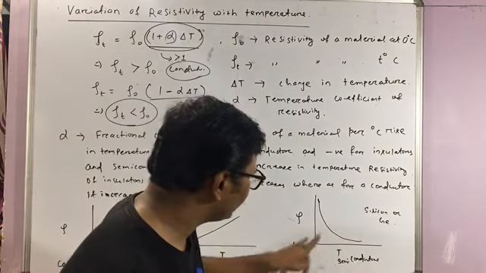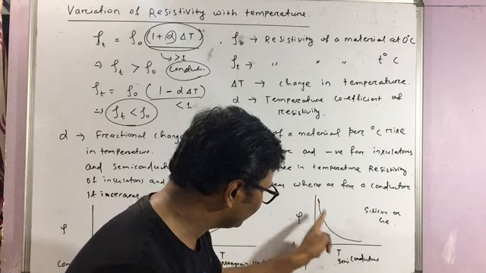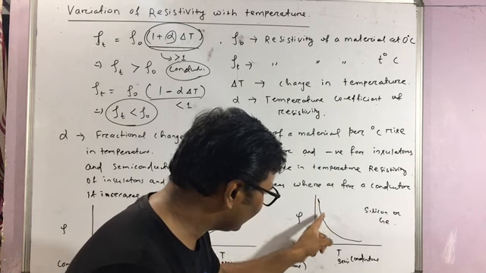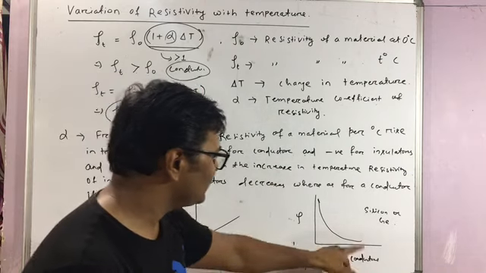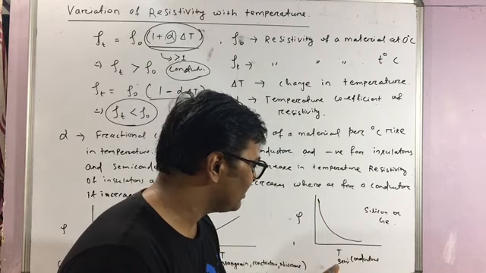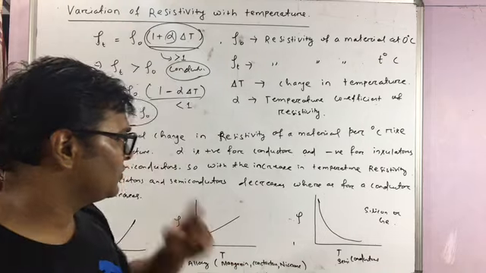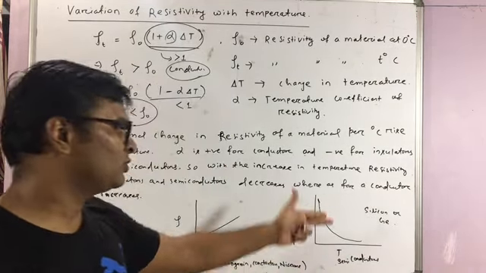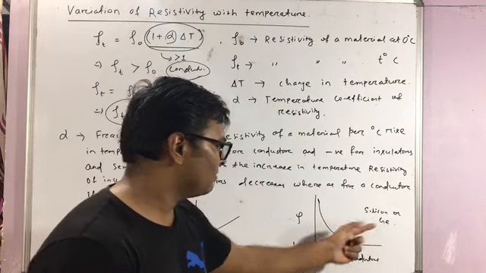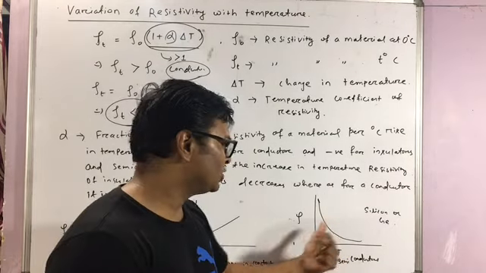With the increase in temperature, there is a decrease in the value of resistivity. This is a typical semiconductor like silicon or germanium, and the graph will be similar for insulators.